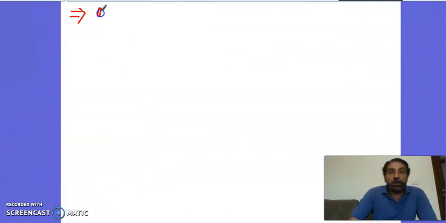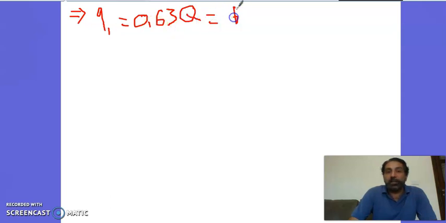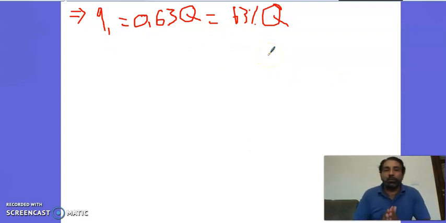We get Q1, which is the time at t equal 1 tau, 0.63 Q. If you write it in percentage, 63% of Q. So the capacitor charges up to 63% after a time interval equals 1 tau.